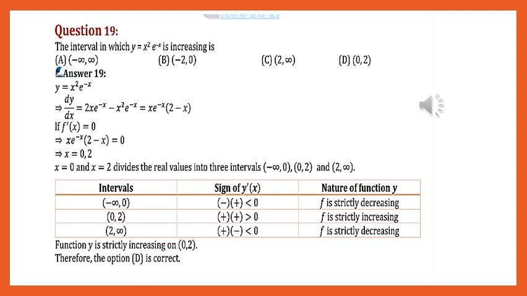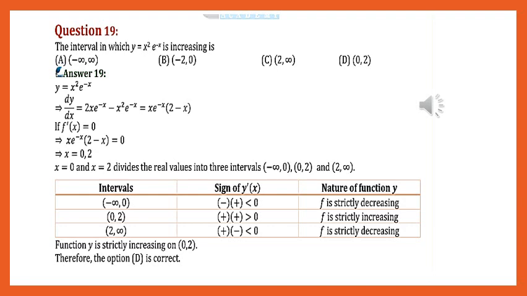Question number 19, one MCQ question. The interval in which y equal to x square e raised to minus x is increasing. Four options A, B, C, D are given. You can find the answer by finding dy by dx. Here you have to use product rule. So, derivative of x square, second function, plus x square into derivative of e raised to minus x, that is e raised to minus x into negative 1.